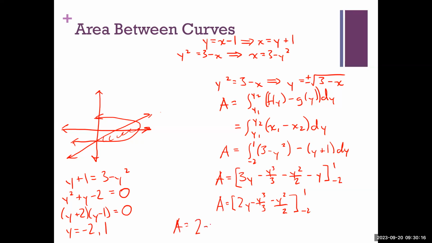So I get 2 minus 1/3 minus 1/2 minus -4 plus 8/3 minus 2.